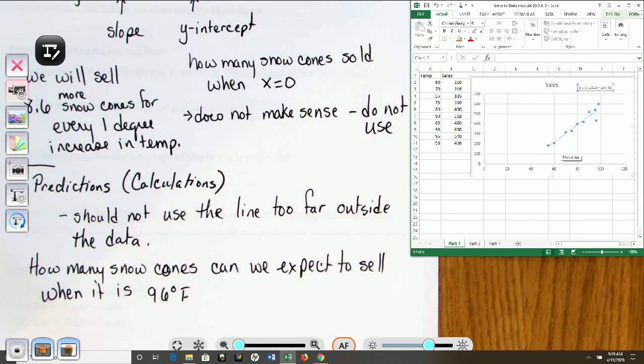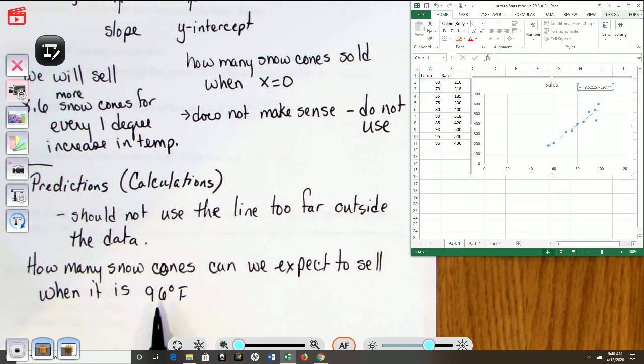Okay, and this is something we can do to prepare for that happening. We can make sure, okay, if it's 96 degrees based on this data, we know we're going to sell this many snow cones, so we need to have this much ice, this many wrappers, this much, etc.